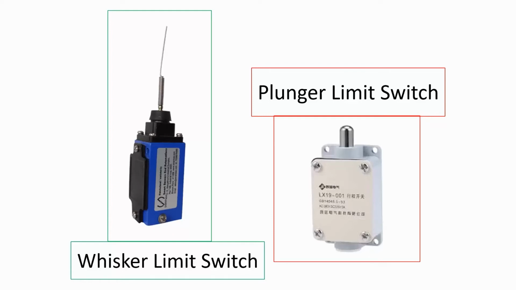If you notice there, you can see a small switch with a plunger projecting out. When the door is closed, it presses the plunger, which opens and closes a contact in the limit switch. Using that, the light is turned on and off.